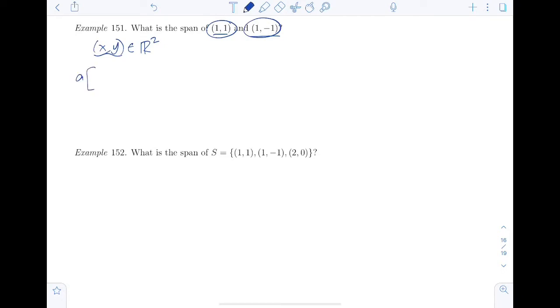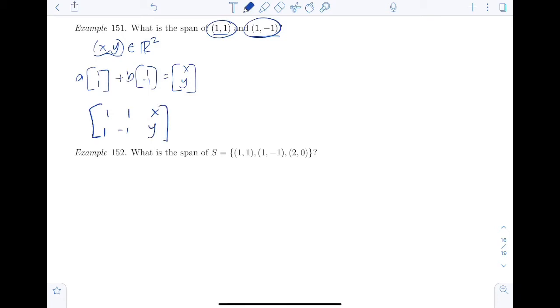So I'm going to turn everything to matrices because it makes it better. So a times the vector (1, 1) plus b times the vector (1, -1) equals the vector (x, y). Again, this is not the only way to think about this. And this makes the system [1 1 | x] and [1 -1 | y].